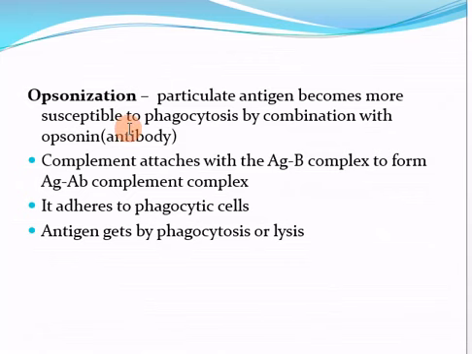So if foreign particles or antigens are combined by the antibody, they become very vulnerable to breakdown, and during that time all the phagocytic cells come and combine with this complex and further break it down, and this is called opsonization. So antigens become more susceptible to phagocytosis. With this, I hope this has helped you to understand the different types of antigen antibody reaction. Thank you.